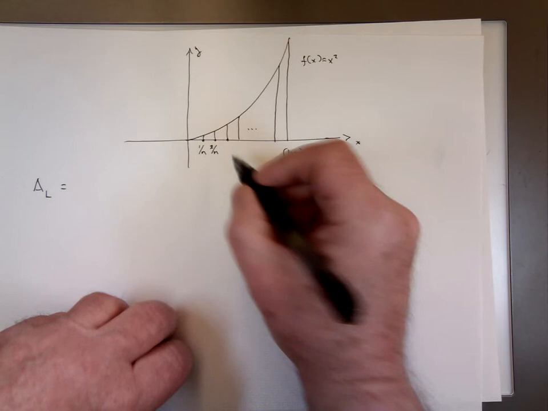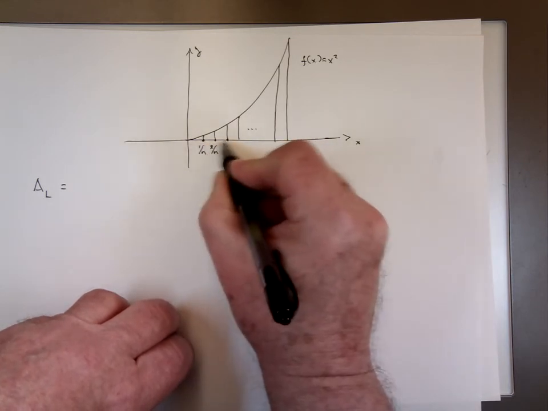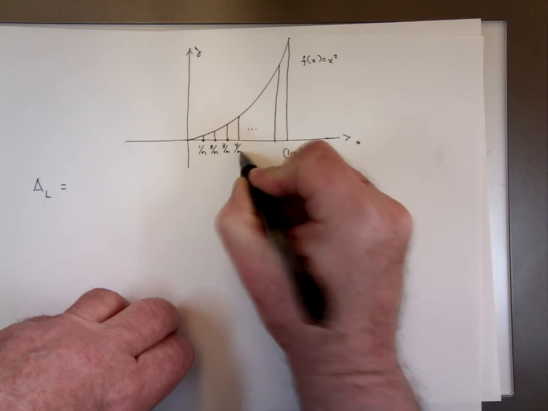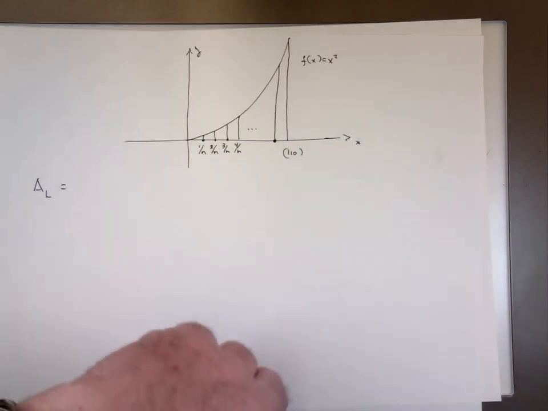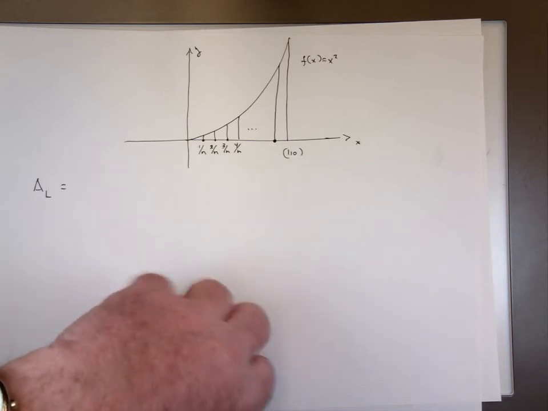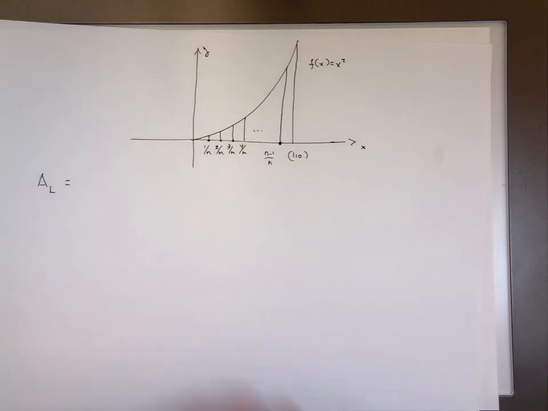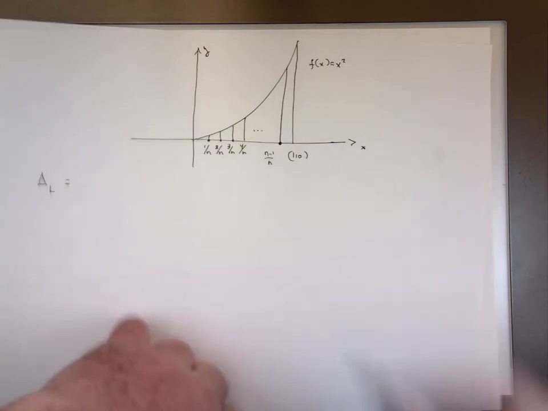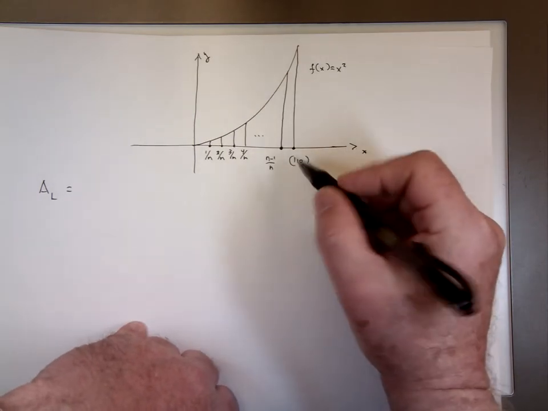Each little width here is 1 over n. 4 over n. What would this point be? n minus 1 over n, or 1 minus 1 over n. And the last one is 1, which we could write to maintain the pattern as n over n. Very nice.